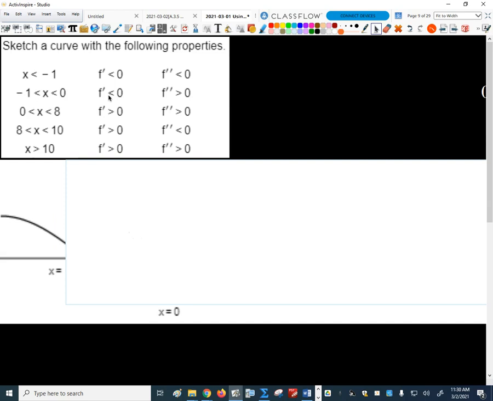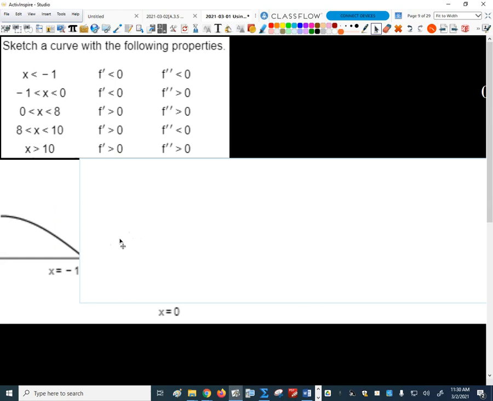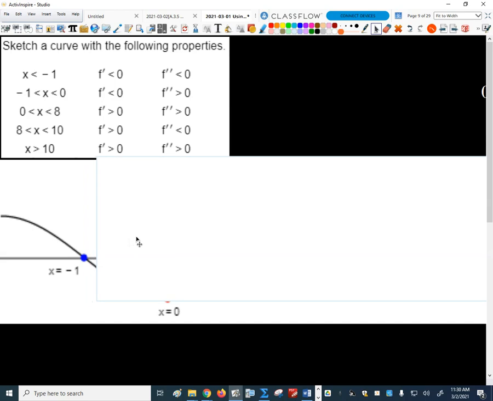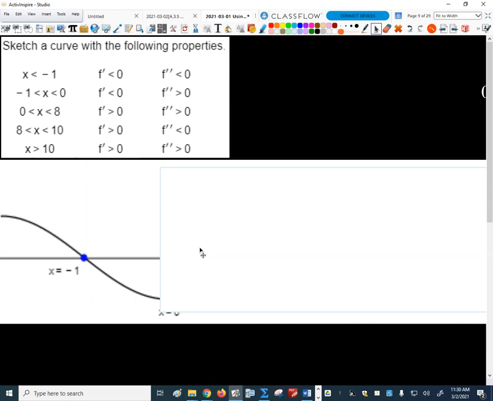What about the next interval between -1 and 0? It's still decreasing because the first derivative is negative, but now it becomes concave up. And so now it's going to continue to decrease, but the concavity is bowl-shaped up. Okay, so then what's going on here at 0?